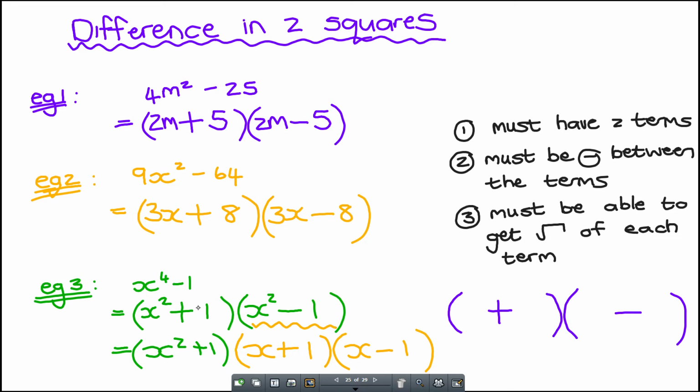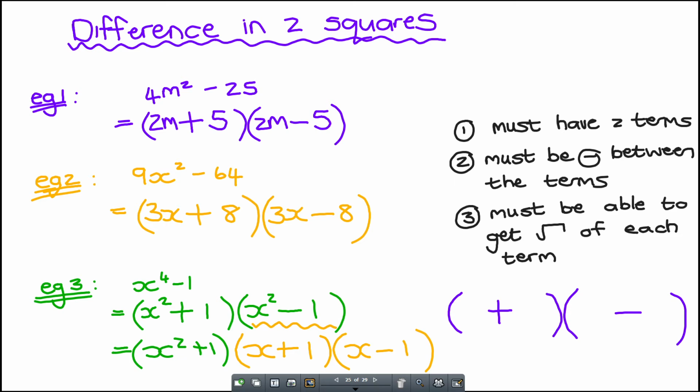Because of that plus, I couldn't go any further. But the second bracket, if I only gave you that and said factorize, then you would see there's 2 terms, there's a minus in between, and I can get square root of each. So I can factorize that further. That's the only reason why we can stop.